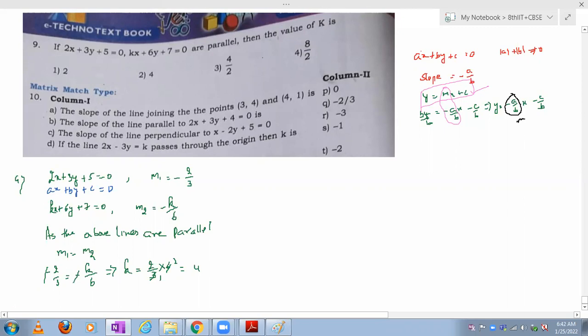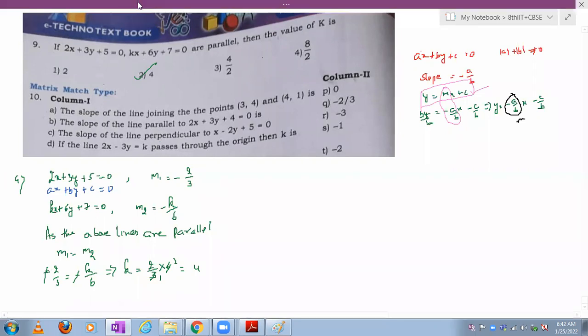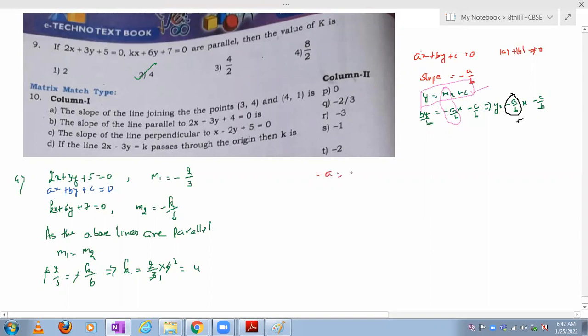Which option? Sir, I have a doubt, sir. Can you tell me about minus and plus, what it means? It's minus on both sides, and you have cancelled the minus. How can you cancel? See, whenever we have minus a is equal to minus b, then on both sides we can multiply by minus 1, then it becomes a is equal to b.